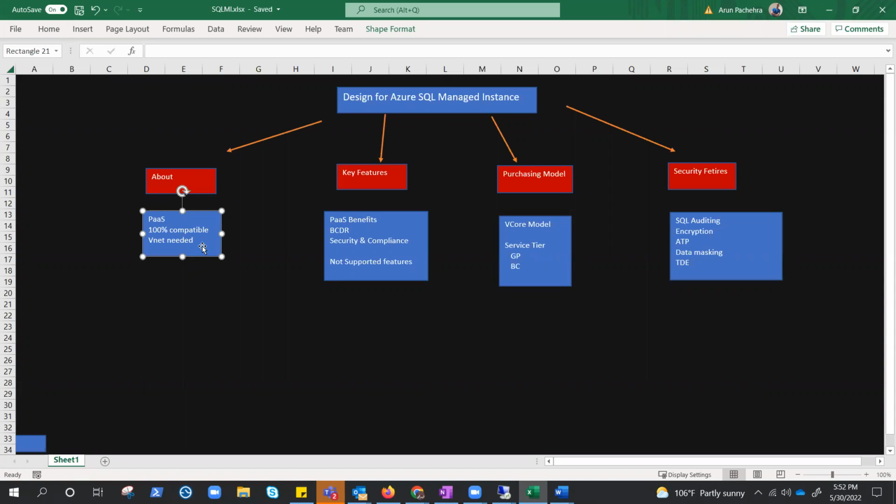SQL MI combines the best features that are available both in Azure SQL DB and the SQL Server database engine. In the previous video, we talked about Azure SQL DB and architecture and other stuff. A lot is similar in MI as well. For example, the purchasing model. We'll come to the purchasing model in a few minutes. Before that, let's try to dig into some key features.